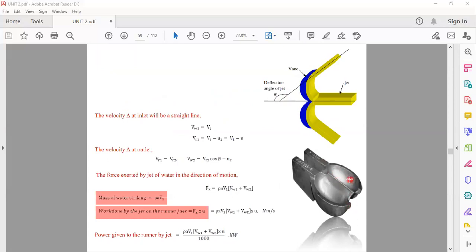This is an actual photograph of the Pelton wheel turbine blade. The velocity triangle at inlet we have a straight line. So VW1 equal to V1, VR1 equal to V1 minus U1 equal to V1 minus U. So the velocity triangle at outlet: VR1 equal to VR2. So VW2 equal to VR2 cos phi minus U2. Here VR1 equal to VR2.